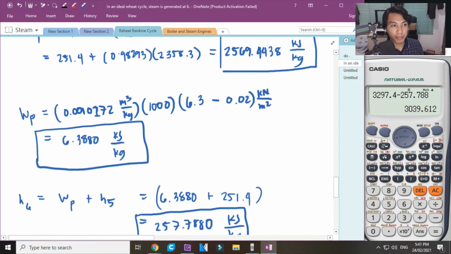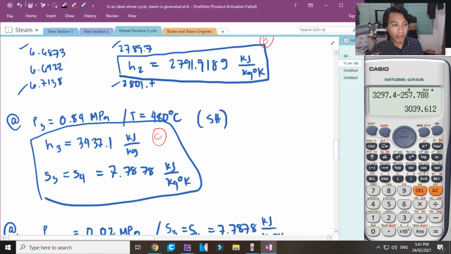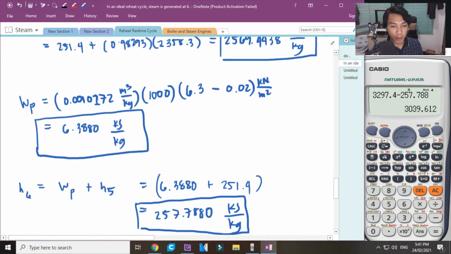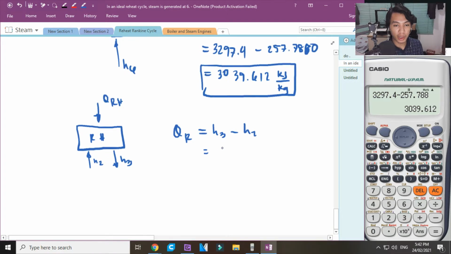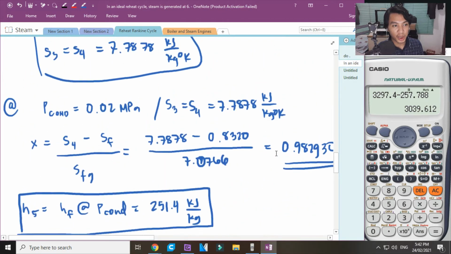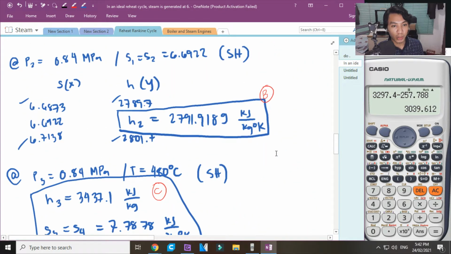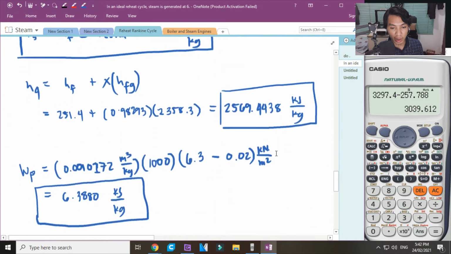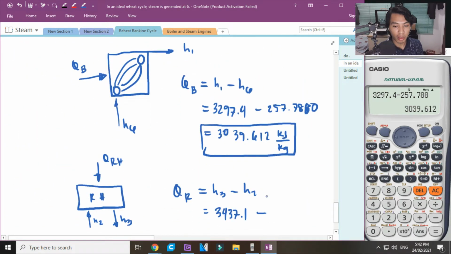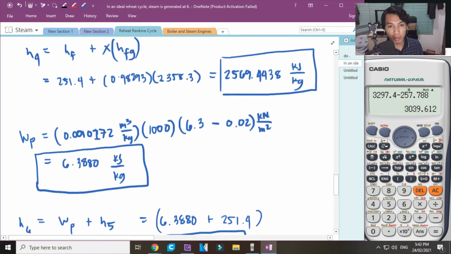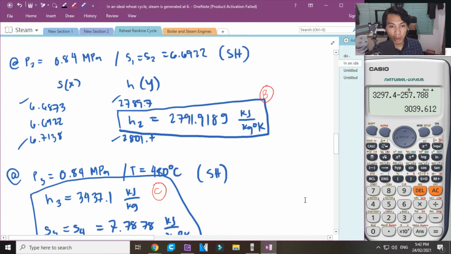H3 is 3437.1 minus H2, which is 2791.9189. Let's check if I'm right. That is memory.